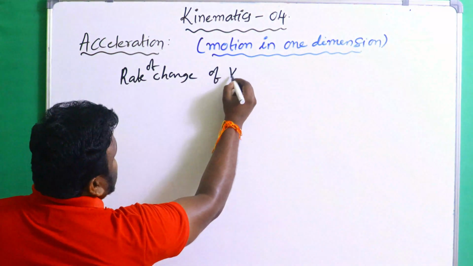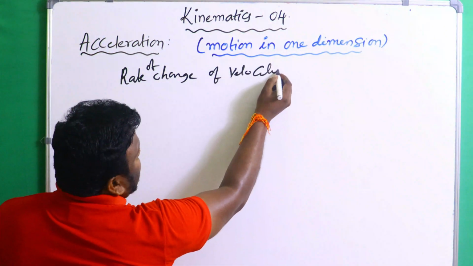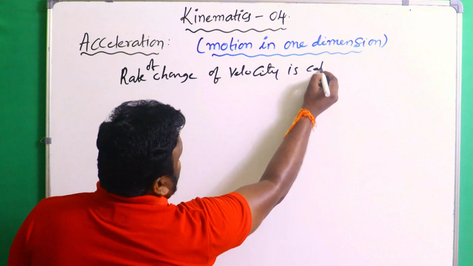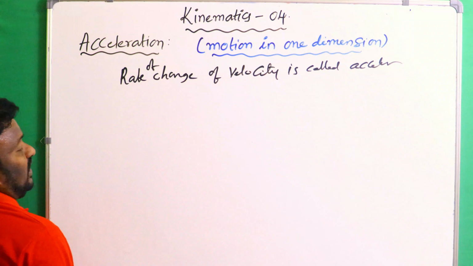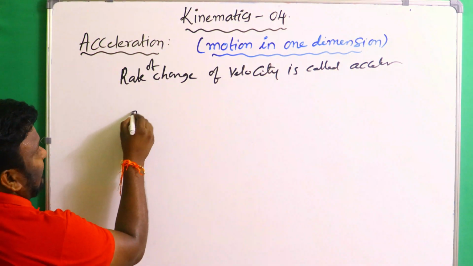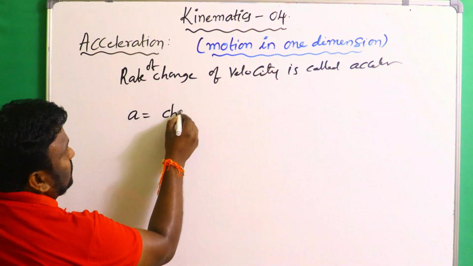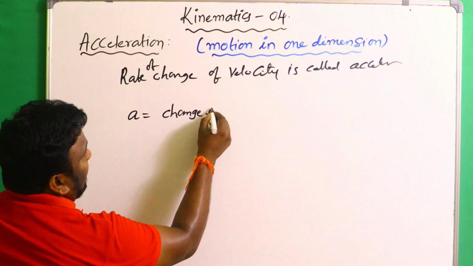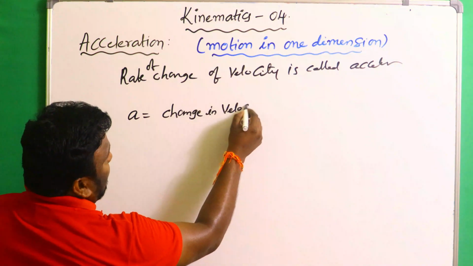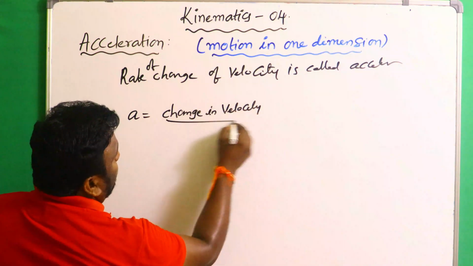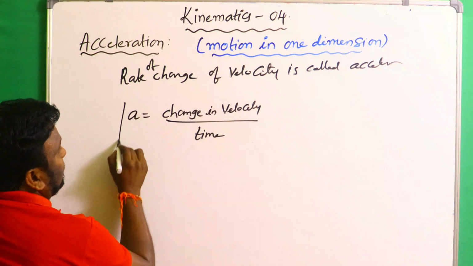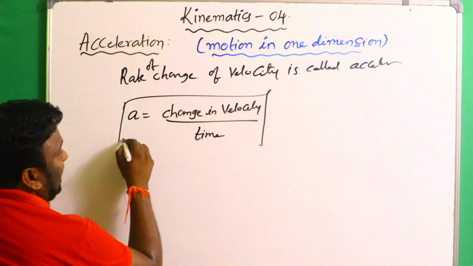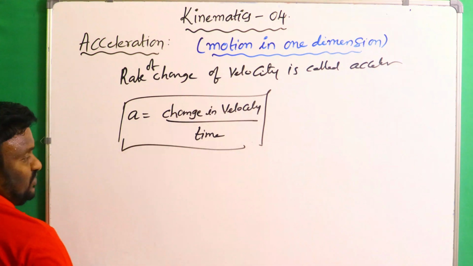And here we write the formula like this: a equals change in velocity by time. This is the general formula for acceleration, change in velocity divided by time.